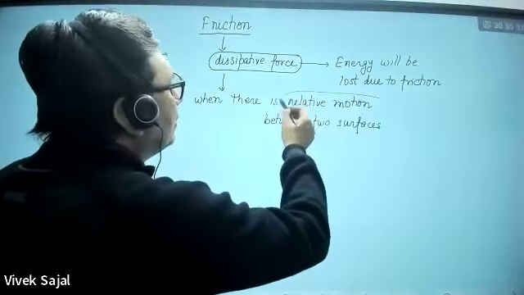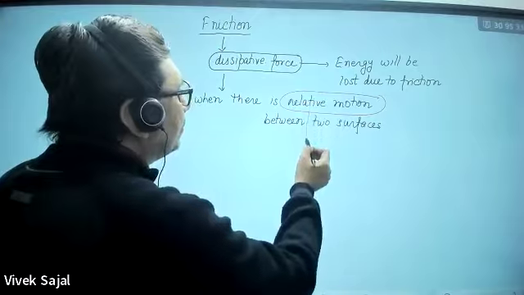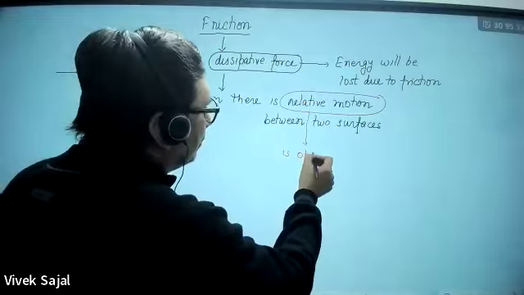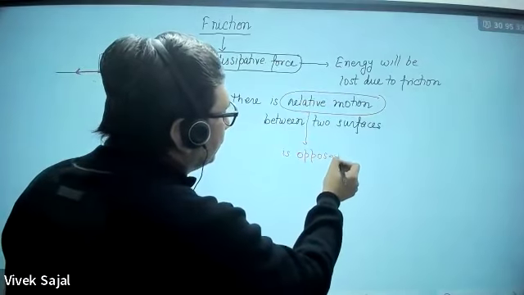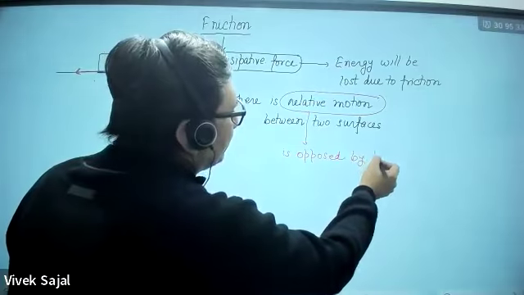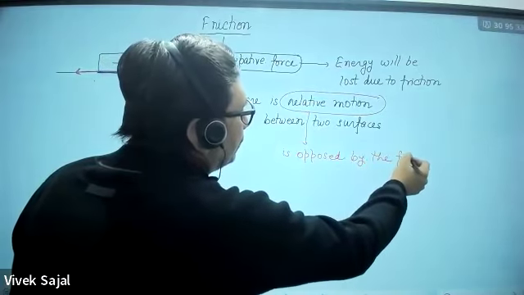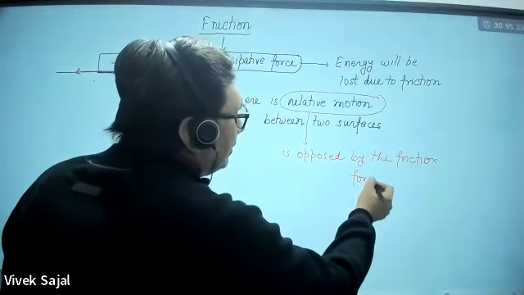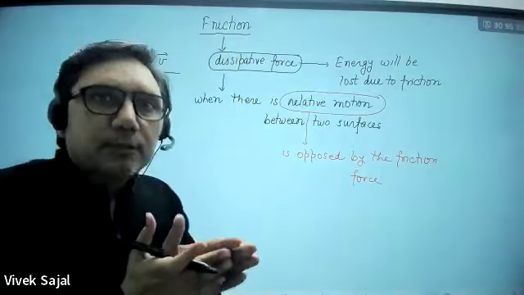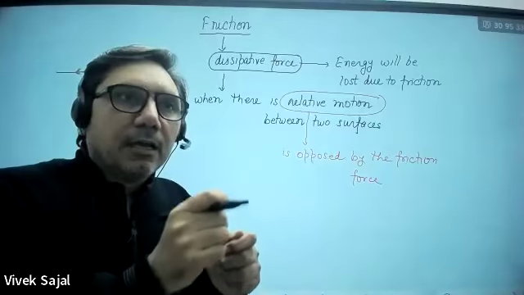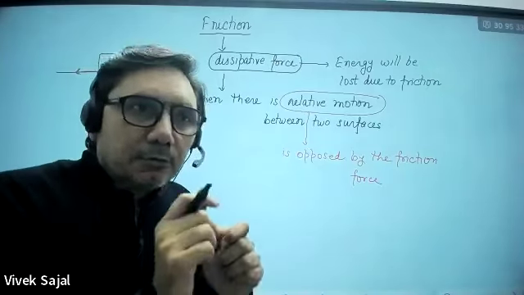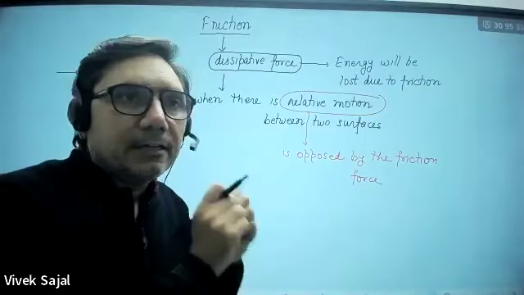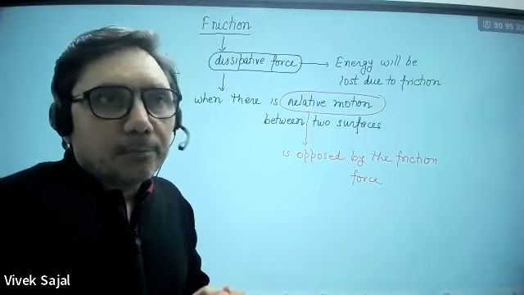So basically, if there is a relative motion between two surfaces, then a force in the opposite direction to the motion is going to act. That is the dissipative force, and this is going to oppose the relative motion.